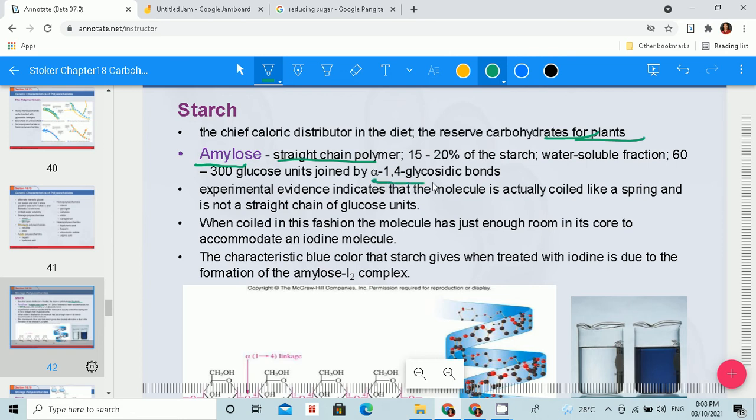As you can see, amylose is a straight chain polymer and it consists of 60 to 300 glucose monomers. So this is a homopolysaccharide, glucose only. And 60 to 300 monomers is long. Again, the bond that appears is the alpha 1,4 glycosidic bond.